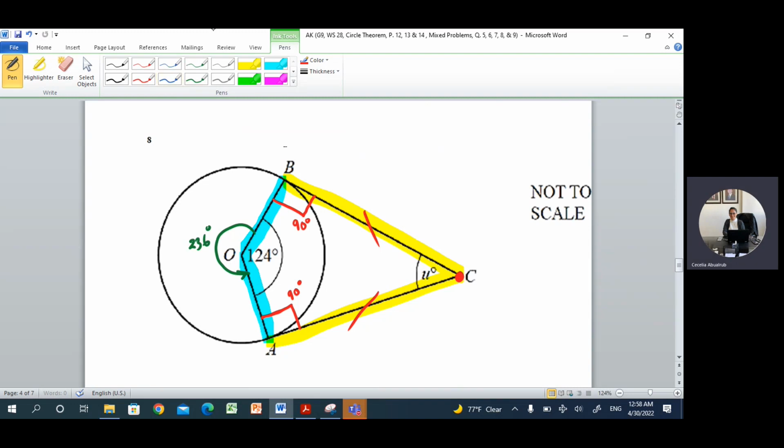Accordingly, if you look at the shape now, which is ABC, we can see a polygon, right?